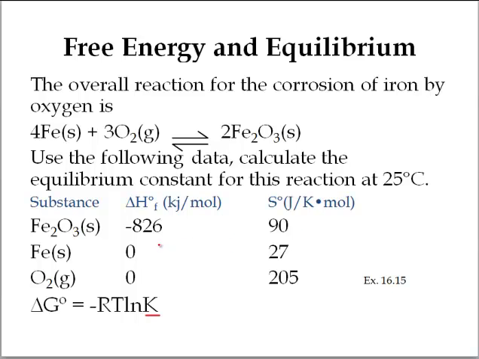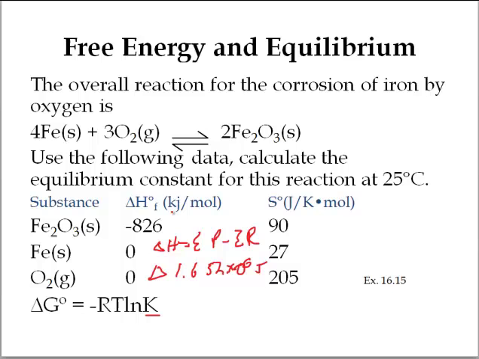Just as a quick reminder, delta H equals the sum of the products minus the sum of the reactants. Remember that? Rather than me calculate that out, because you've done that many times, I'm just going to write the values I got. When I work that out for delta H, I get a value of 1.652 times 10 to the 6th joules.